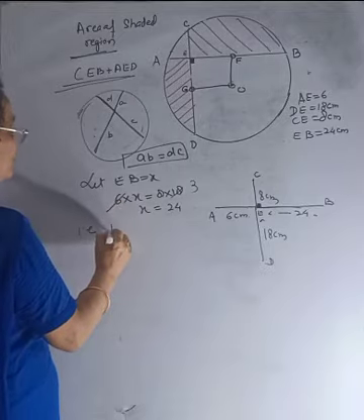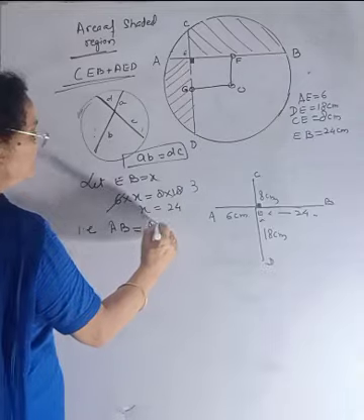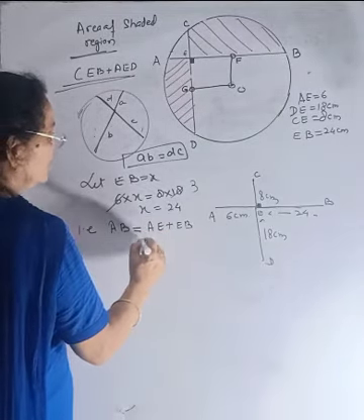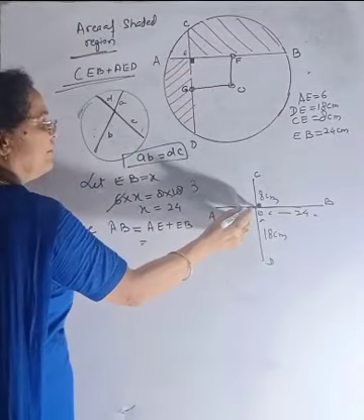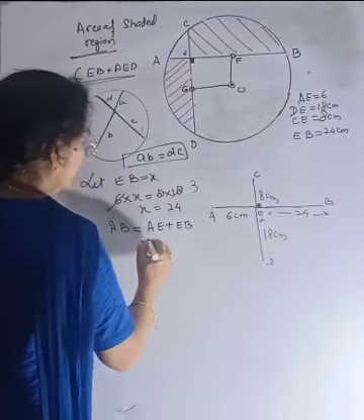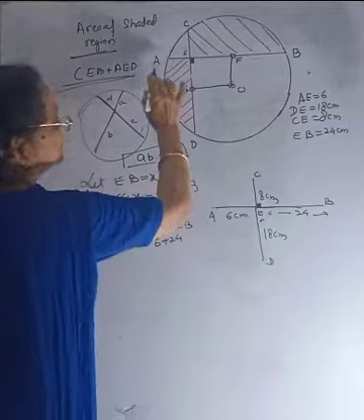It means AB is equal to what? AB is equal to AE plus EB. That is, this AE is already given to us as 6, and this is 24. It is equal to 6 plus 24. This will be AB.